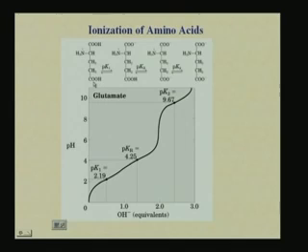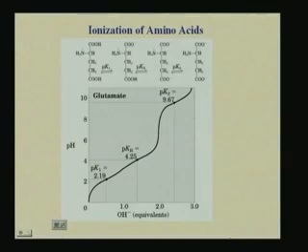We have the first one lost, which is the carboxylic acid group attached to the C alpha of the amino acid, right? Not the side chain. Because why do we lose that first? Because that is the most acidic proton. Then we go on to the next one, which is the next most acidic proton, the side chain one. So we have the side chain one that we are now going to lose. Then we lose the amine one.